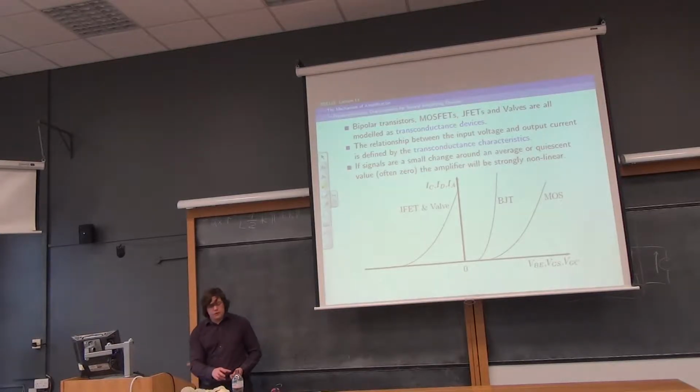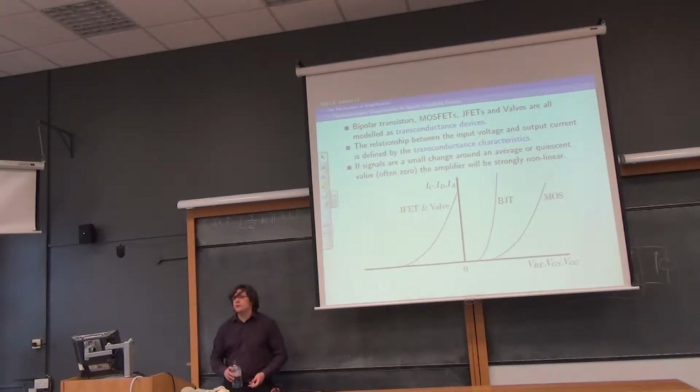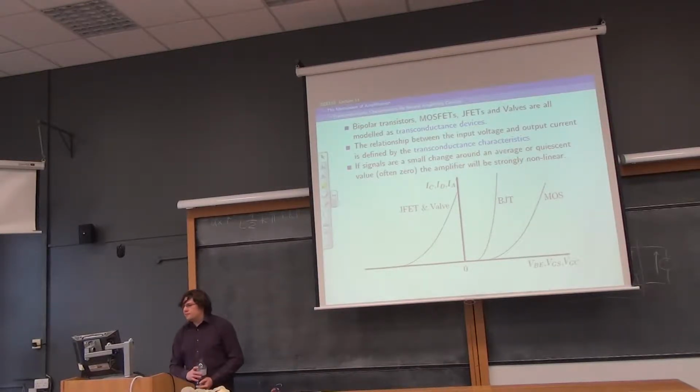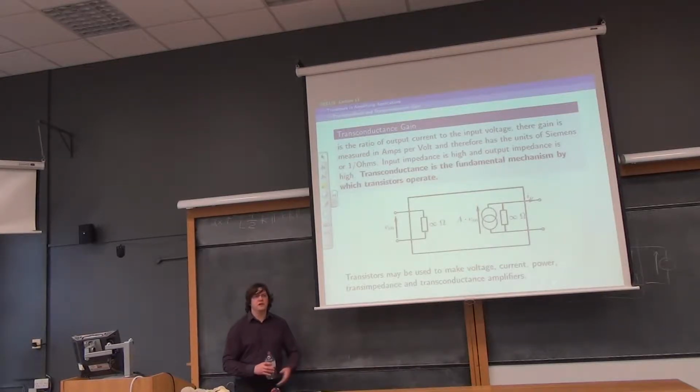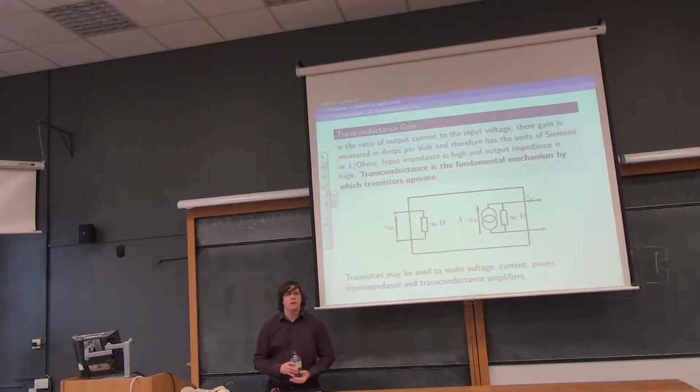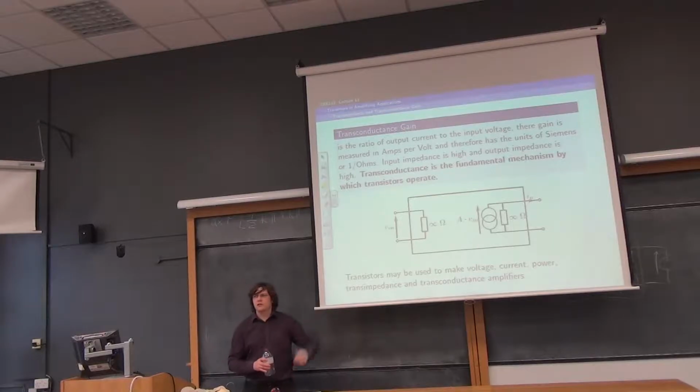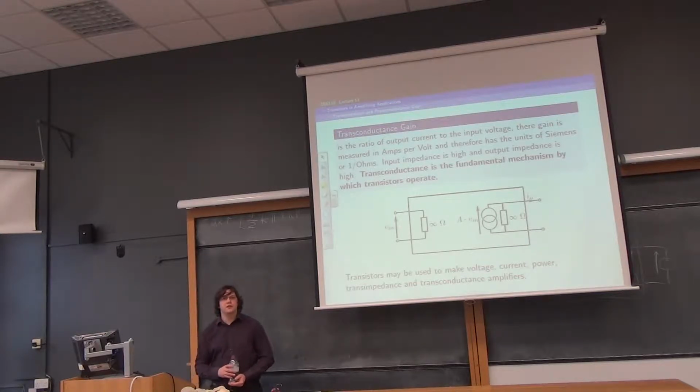So moving for a moment onto practical devices as opposed to just types of amplifier that might exist if we were lucky. We have bipolar transistors, MOSFETs, JFETs and valves, and these are all modelled as transconductance devices. So they can be shoehorned into this shape somehow, and we can adjust the component values a bit to take account of the problems that these devices actually face.